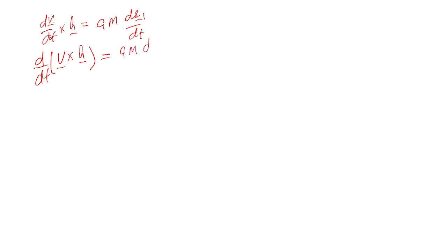That equals GM dr1 dt, so dt cancels, and when we integrate this equation we get v cross h is equal to GM r1 plus some constant of integration. So let's say this is equation 2.